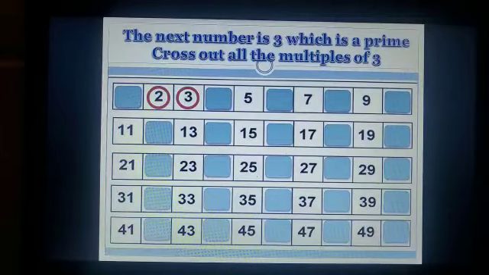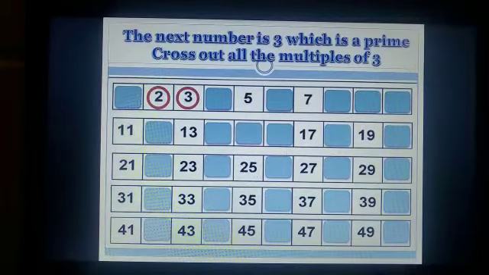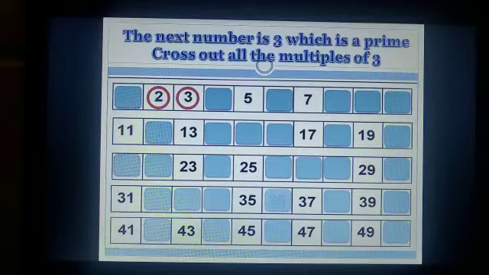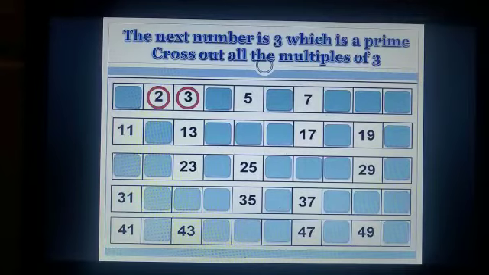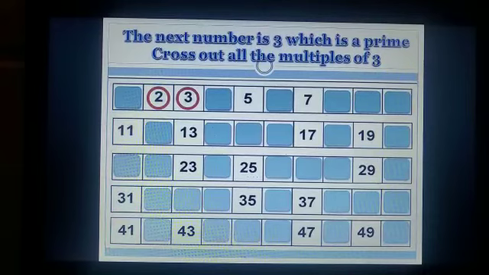So our next number would be 6, 9, 12, 15, 18, 21, 24, 27, 30, 33, 36, 39, 42, 45, 48. Okay, so we've got rid of all the multiples of 3.